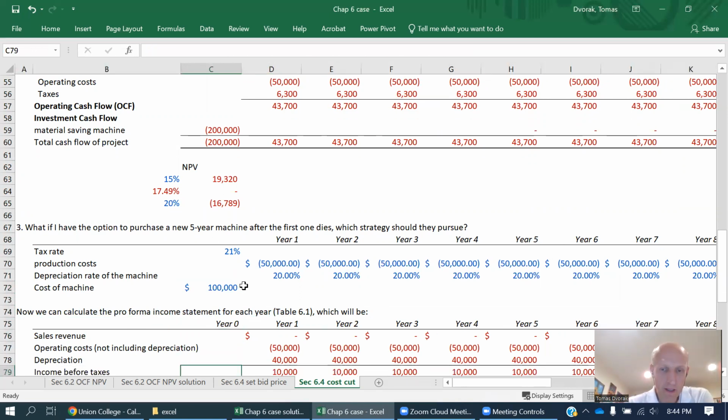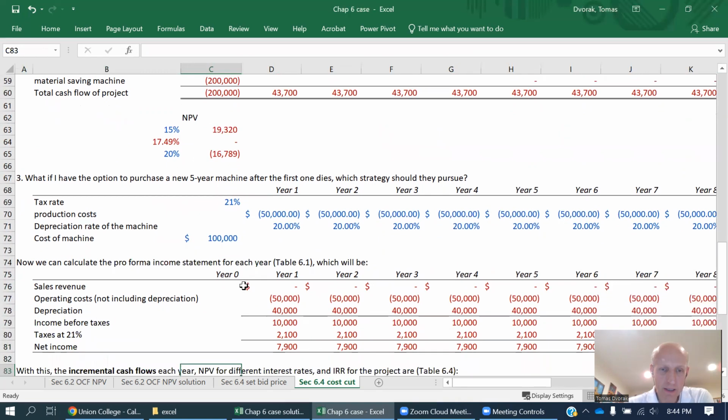But for sales, depreciation, and all of that, let's make sure that we have that correct. This needs to be adjusted. It is 20% of, again, we're back to the $100,000 machine, which is in C72.